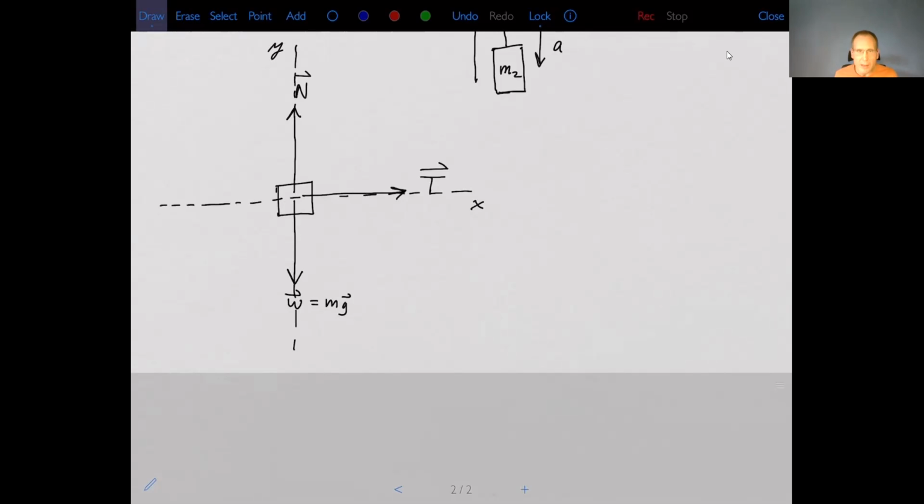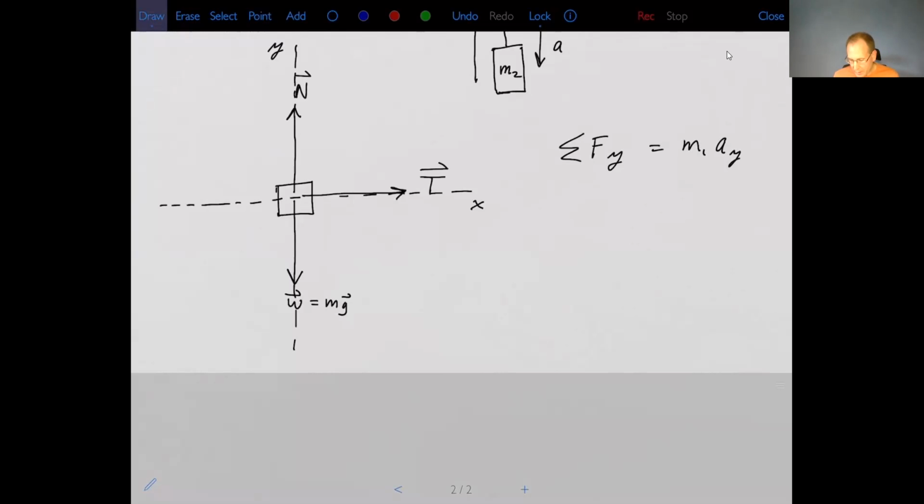And now I want to apply Newton's second law to both the x direction and the y direction. All right. So what I'll do, actually, I'll do the y direction first. So from Newton's second law, we know that the sum of the forces in the y direction has to equal the mass of that cart, which was m1, times the acceleration in the y direction.